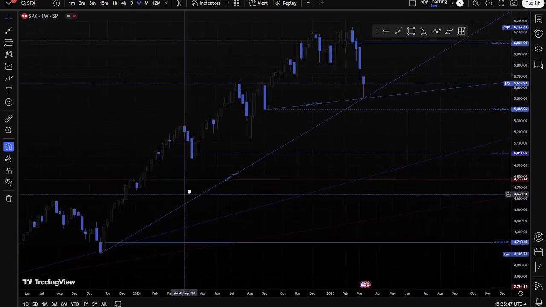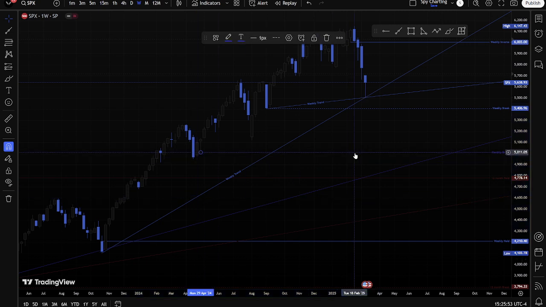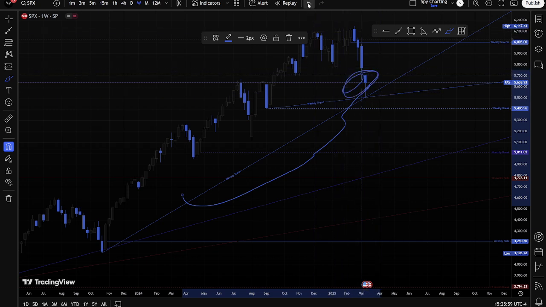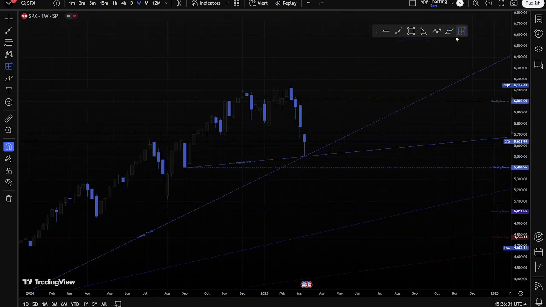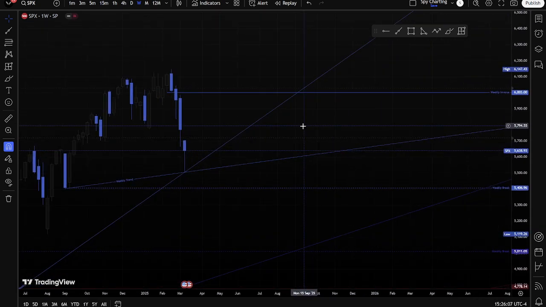From there, I mark out this is the legacy trend, global trend, and then this weekly trend is the local trend, because a local trend is usually the trend that is most local to the current move that we're in. So this current move that we're in is the most recent move that we're currently sitting at.